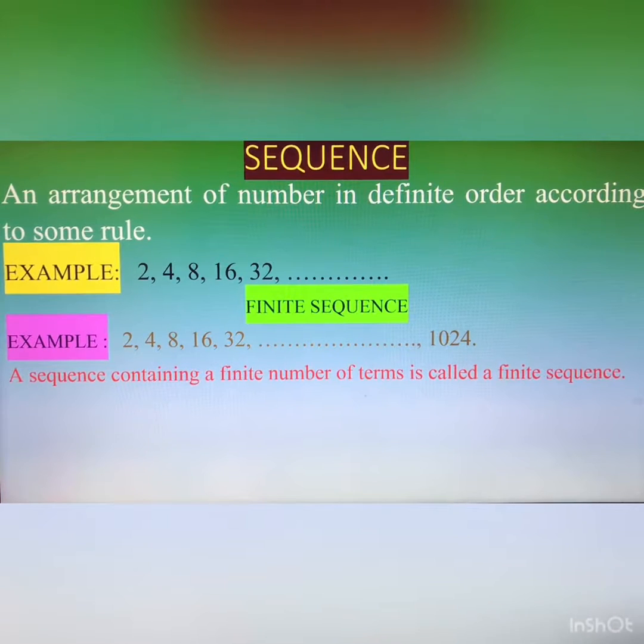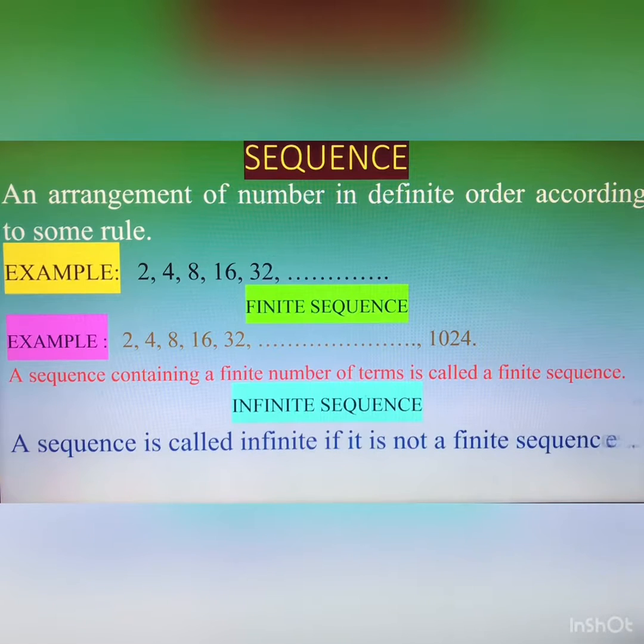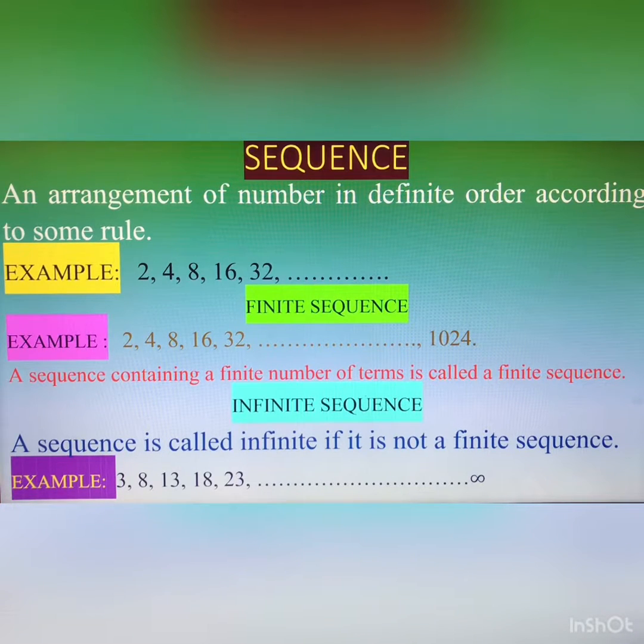An infinite sequence means a sequence is called infinite if it is not a finite sequence, that is, if a sequence does not have a finite number of terms, that sequence is known as an infinite sequence. For example, you can see that in this sequence the number of terms is infinite, so this is not a finite sequence, this is an infinite sequence.